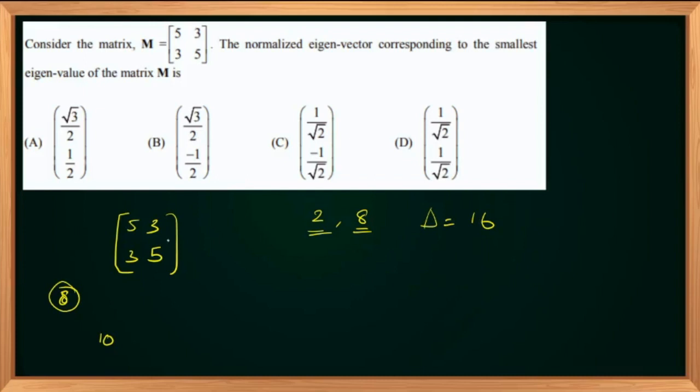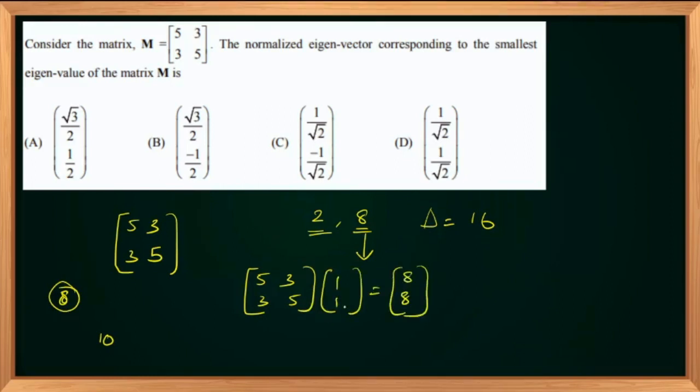If all rows sum up to the same eigenvalue, what is the eigenvector corresponding to that? Can somebody give me an answer? That is something we have discussed in the class. It is 1, 1. So I have 5 3 3 5 times 1 1, which gives 8, 8.